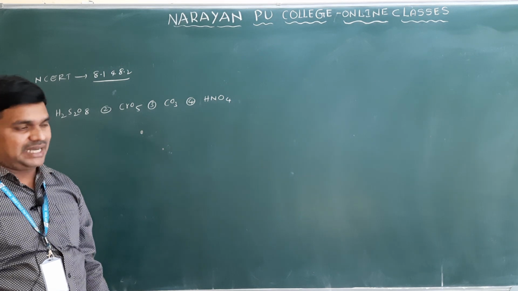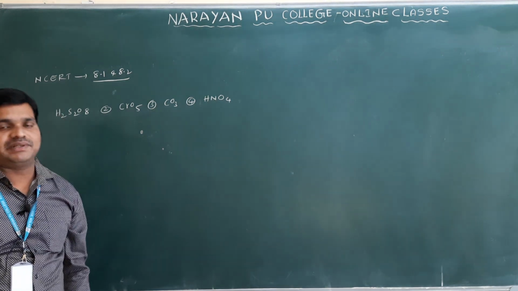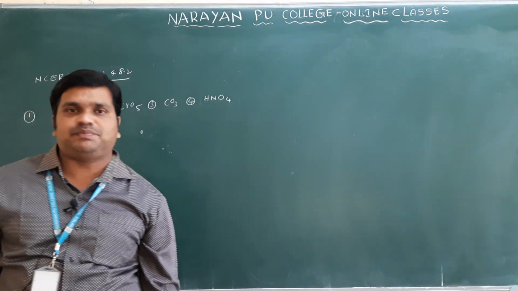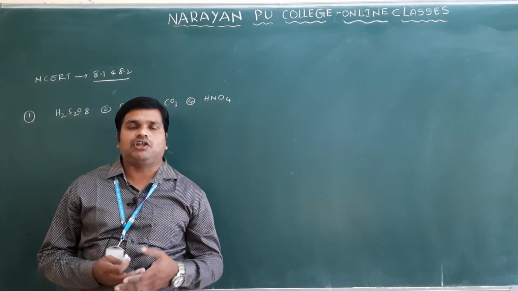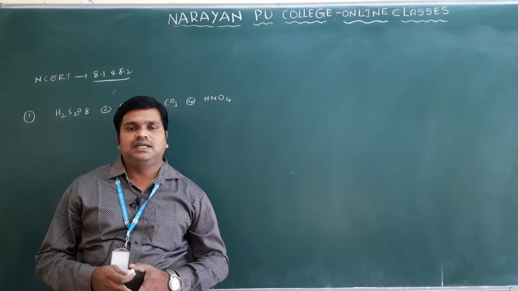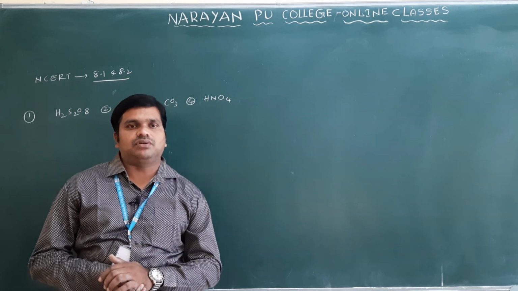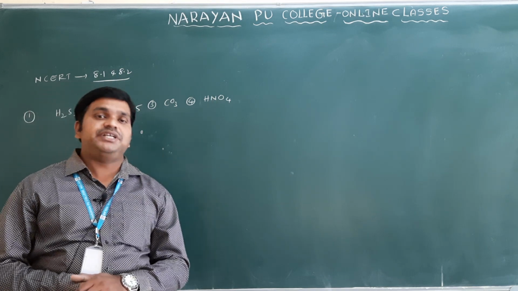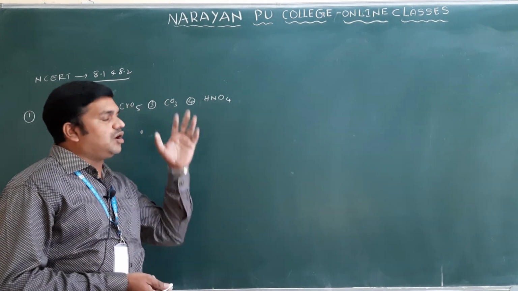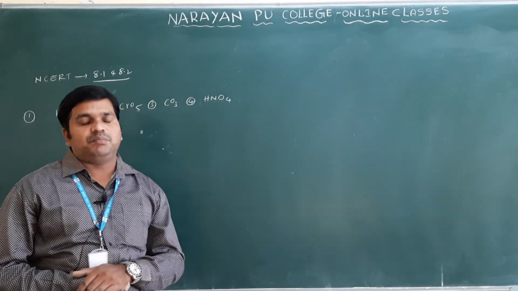In these examples, a peroxy bond is present. If you consider them like normal oxides, you will not get the exact oxidation number. Why is there a change in the oxidation number? Because all these compounds contain peroxy bonds.